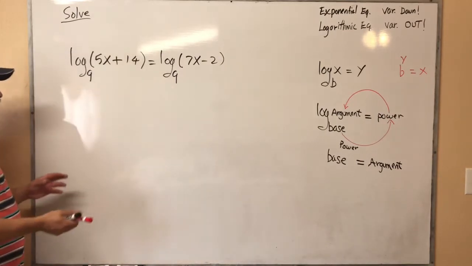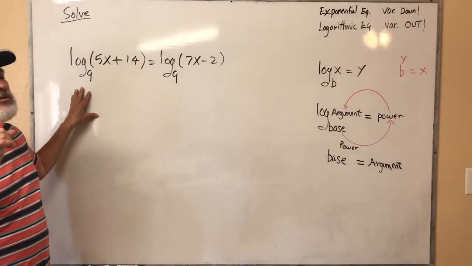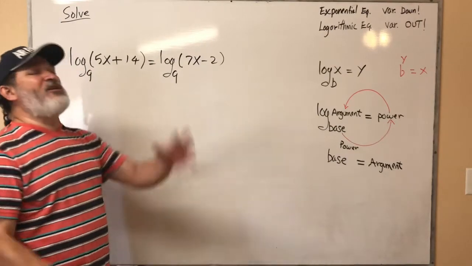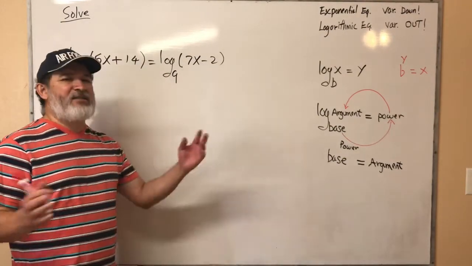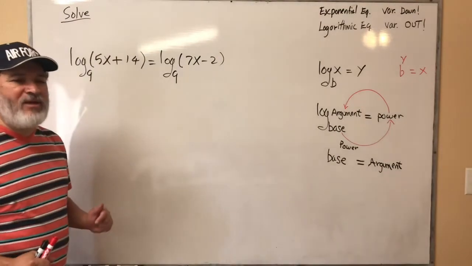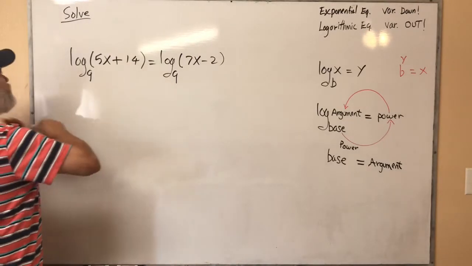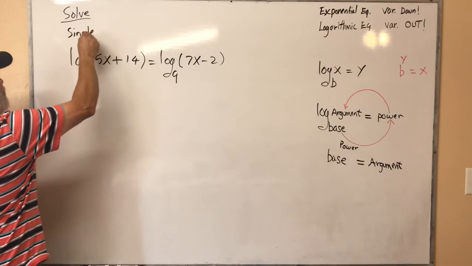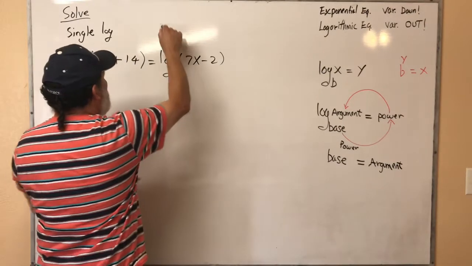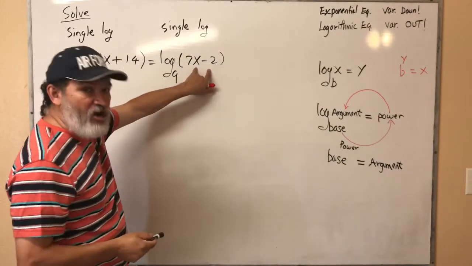So when you have on the left hand side a single log by itself with an argument, and on the right hand side a single log by itself with its argument, all you have to do is make the arguments equal.